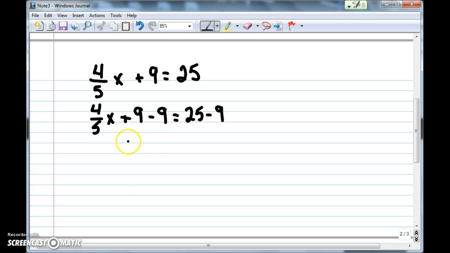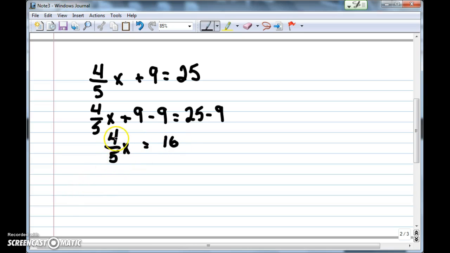This step may not be necessary for everyone. However, it does help to see it. 4/5 x equals 25 minus 9 is going to be 16. So now we have 4/5 x equals 16.